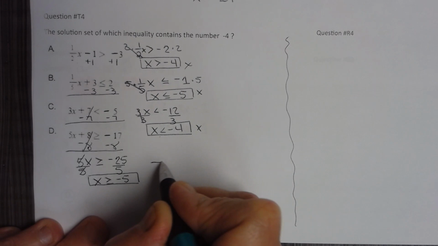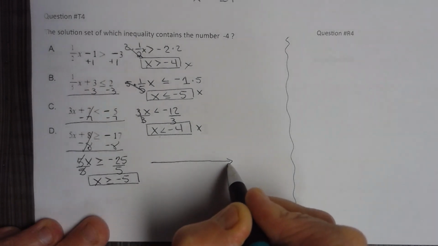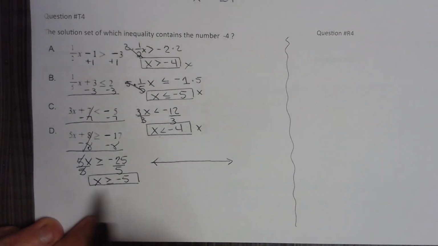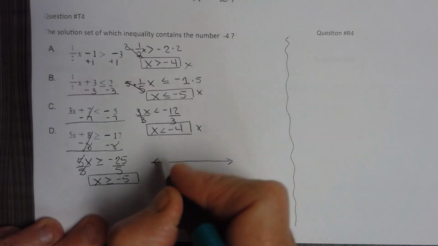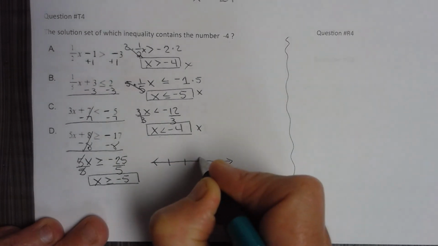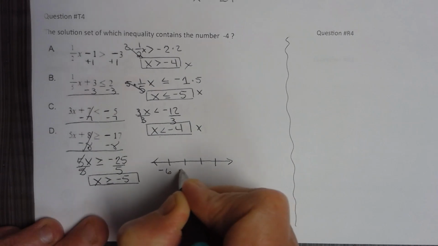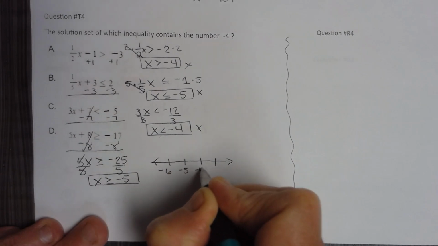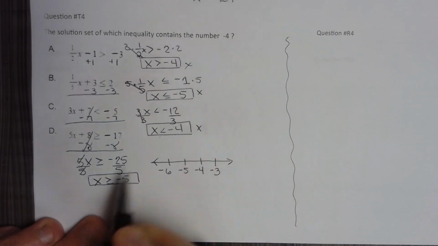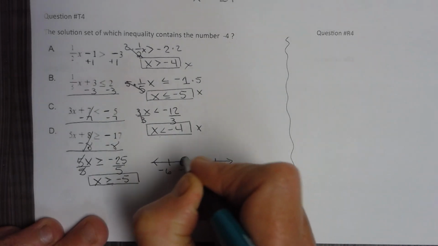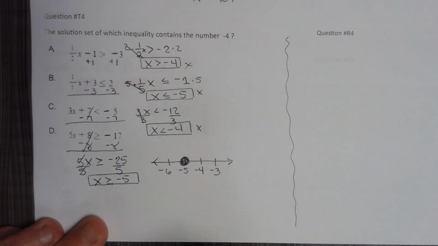And let's put that on the number line so that visually you can see why this solution contains the number negative 4. I'm just going to plot a couple points here. So we put a closed circle at negative 5, which means it includes negative 5.